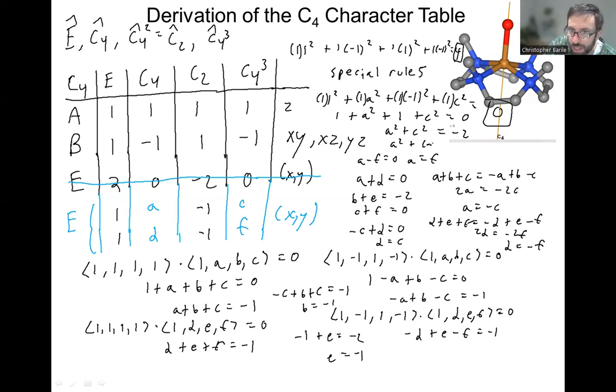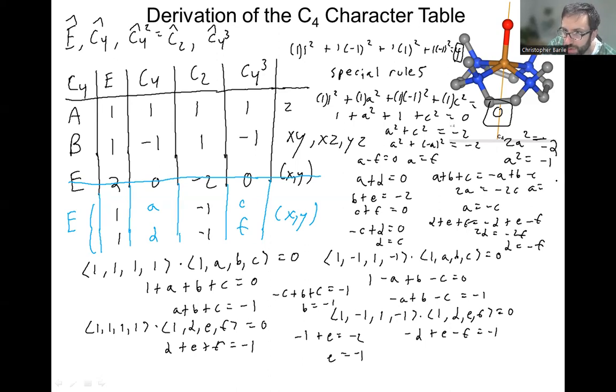So we can plug in -A and square it there, and that equals -2. Negative A squared, of course, is just A squared. So we're going to get A squared plus A squared, which is 2A squared, equals -2. 2A squared equals -2. That gets us A squared equals -1.